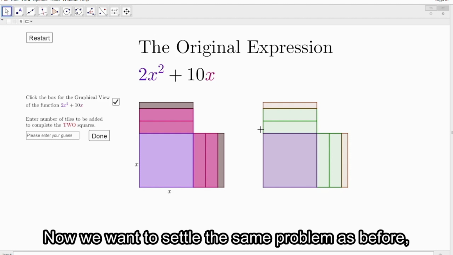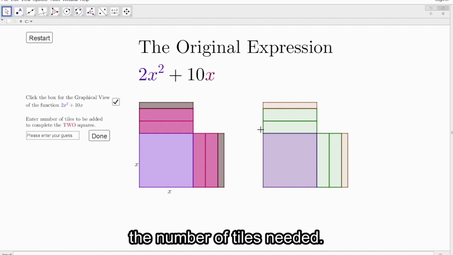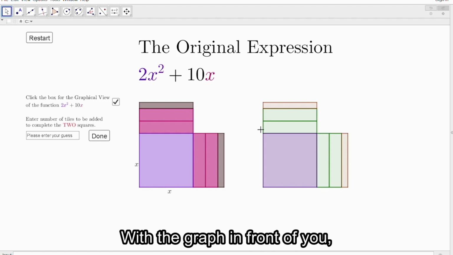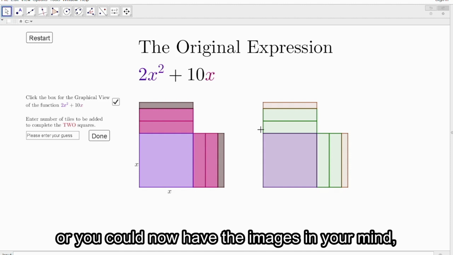Now, we want to settle the same problem as before, the number of tiles needed. With the graph in front of you, or you could now have the images in your mind.